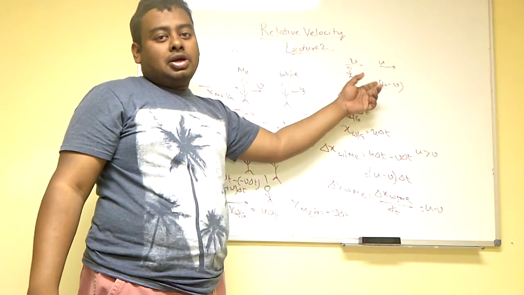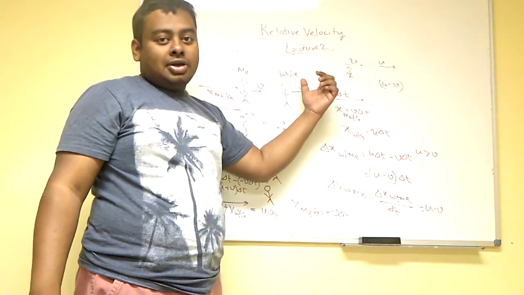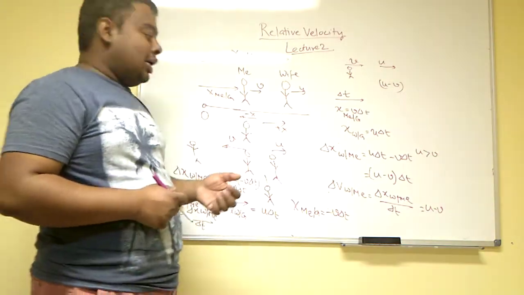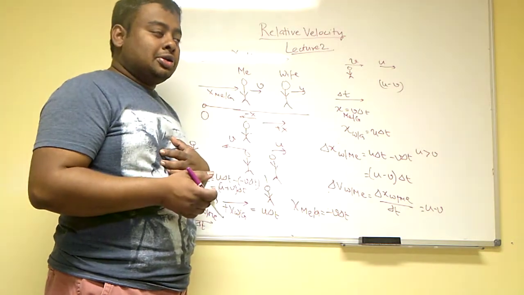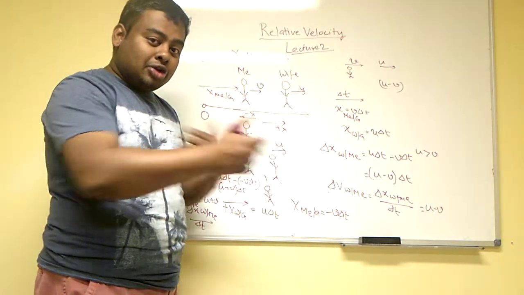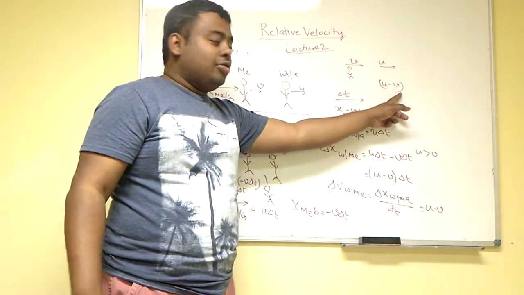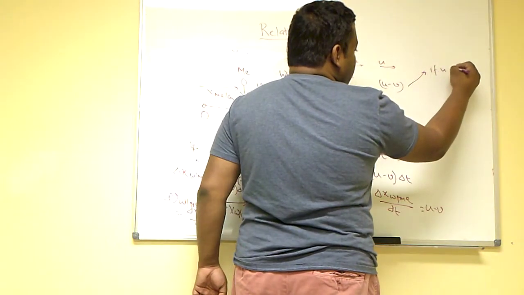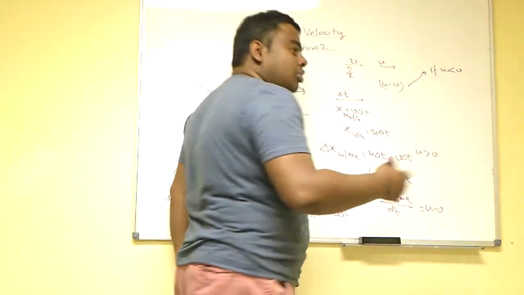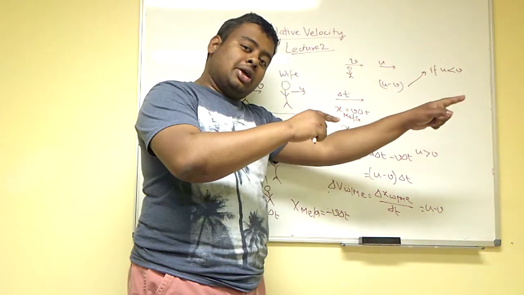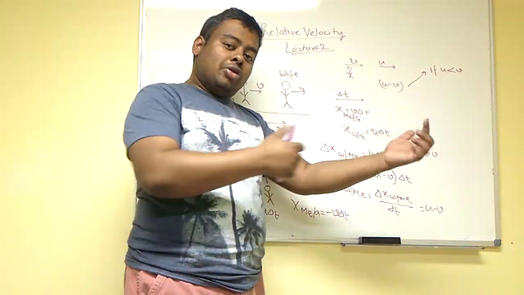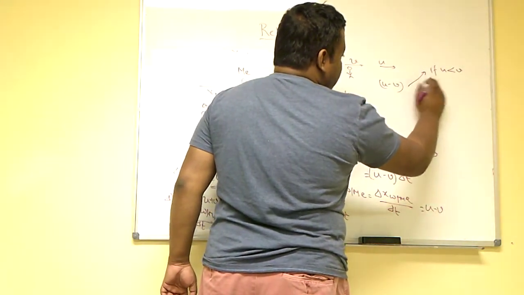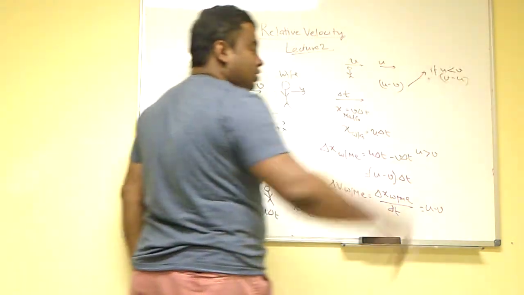And depending on the difference u minus v, if v is bigger than u, if you were running faster than your wife, then it would show as if your wife is moving towards you, because the directionality of u minus v will be negative. So physically, if u is less than v, then although you are moving in the same direction, with respect to you, your wife will be moving towards you at a speed of v minus u, because v is greater than u.